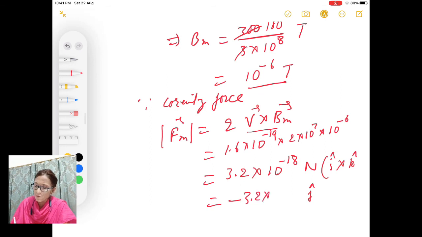Minus 3.2 into 10 to the power minus 18. So this is the force acting due to the magnetic field, in magnitude and direction.